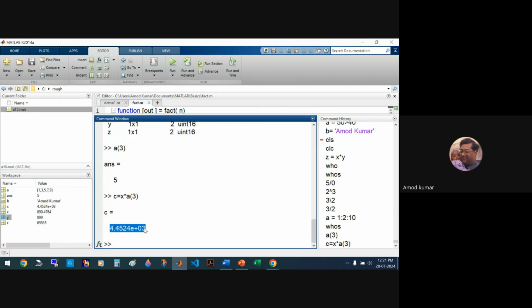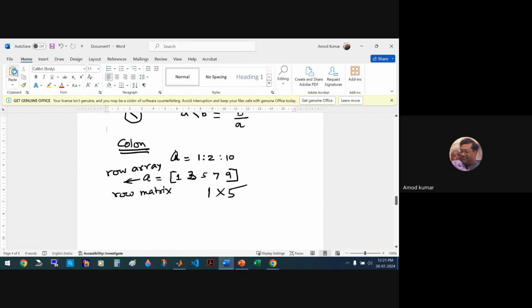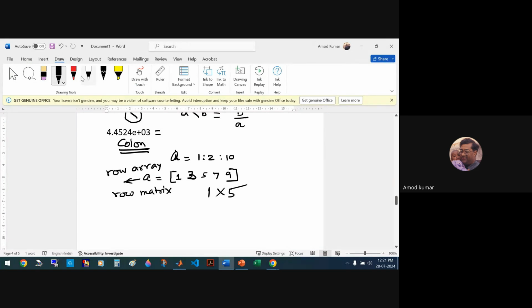You can see if I copy this in Word, this was the number. I'll magnify it. This was the number. It's 4.4524 into 10 raised to the power 3. So what I mean is this is equal to 4452.4.